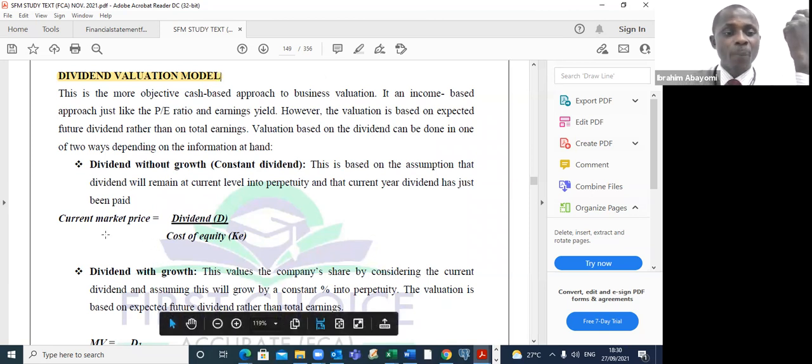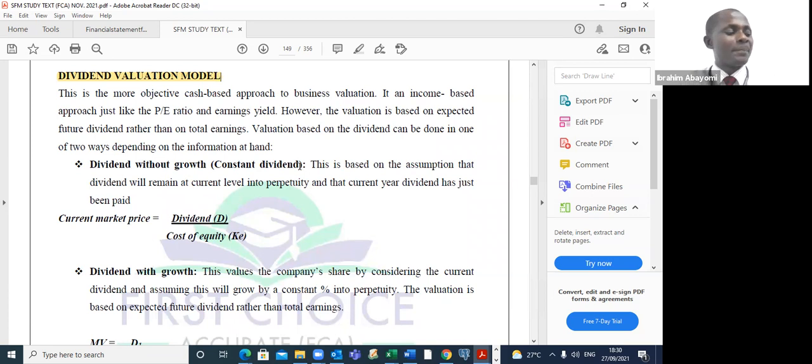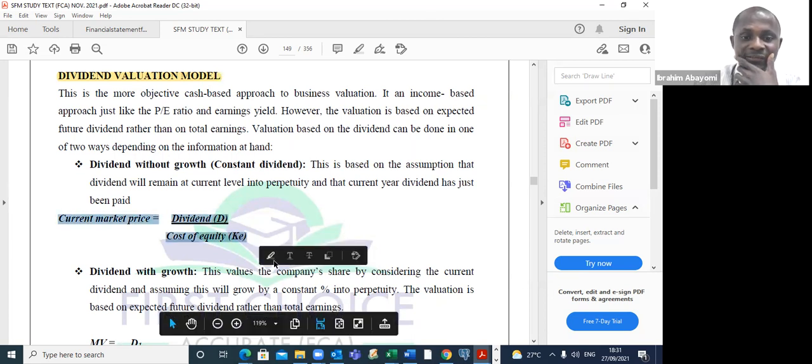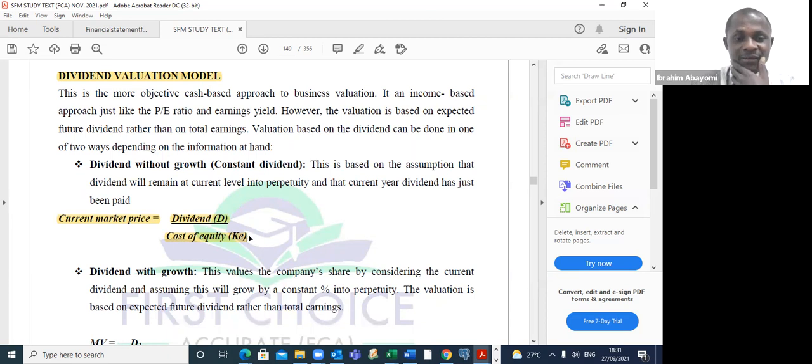So if I want to compute my company's share value using the dividend valuation model, it means I'm using dividend paid as my basis of computing market value. It is given as dividend over cost of equity, but this is where dividend is not growing. Where you have a constant dividend, you just pick the dividend and divide it by cost of equity, not WACC, please.